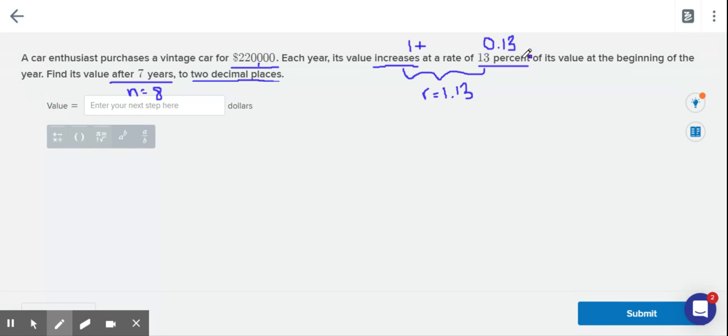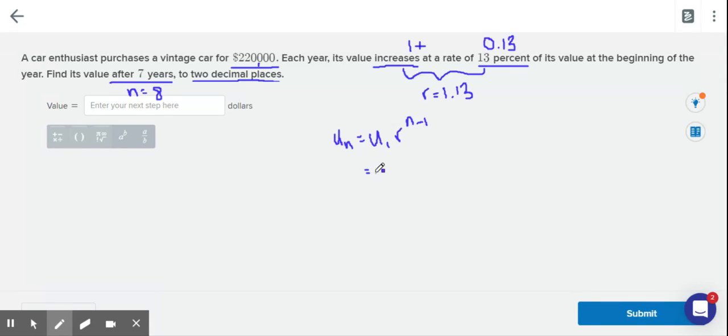I'm remembering that anytime I'm given a percent, that means I'm looking at a geometric formula. And since I'm looking for not the sum, but in the 8th year or after 7 years, I'm looking at the term formula.